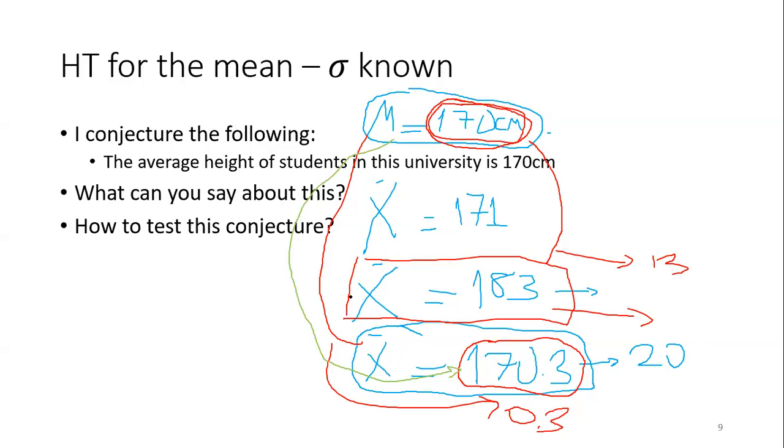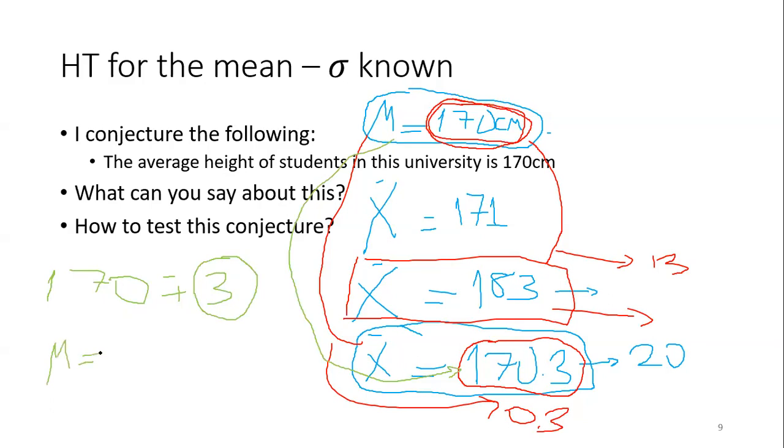For example, let's say this is your mu, or X bar, plus minus, let's say, 3. Let's try to see whether it works. 170 plus minus 3. So what you can do is put a plus minus 3 around the mean. Well, if you do something like this, just 3, then there will be a problem in other questions.